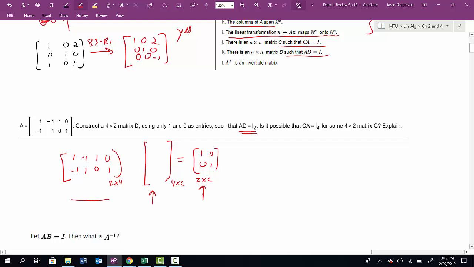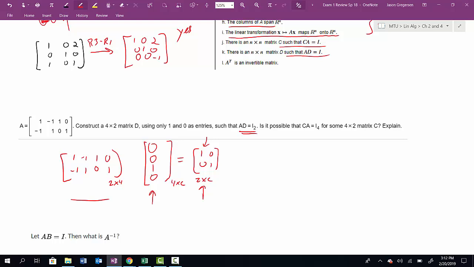And the number here would tell me how many of the first column of A to use. I'm going to use 0 of those. I'm going to use 0 of the next one. I'm trying to get a 1 here, so I will use 1 of that third column and 0 of the last column. I'm looking at the matrix and saying, hey, I want to get a column that looks like 1, 0, and another column that looks like 1, 0.